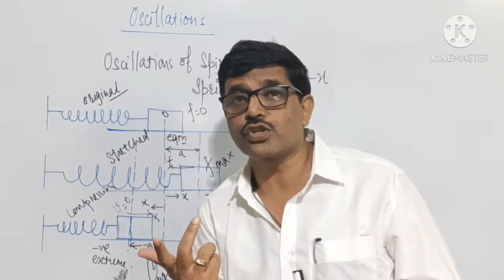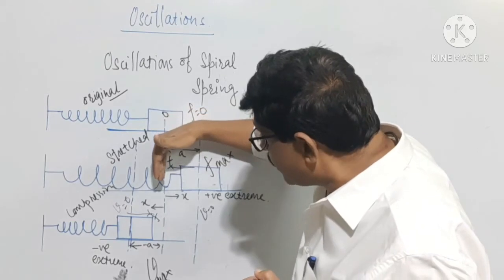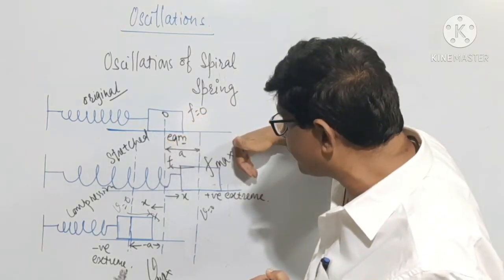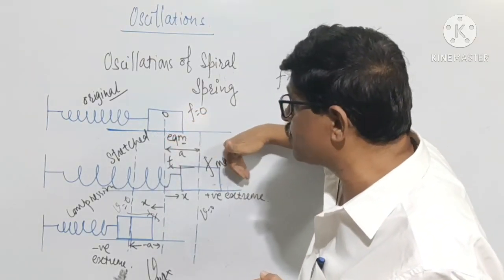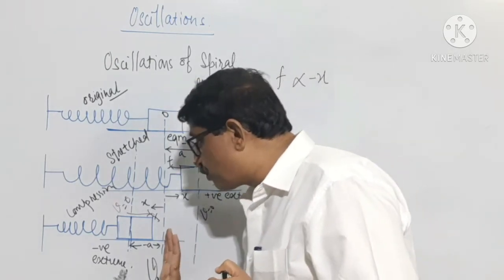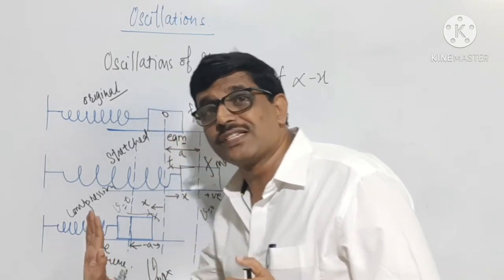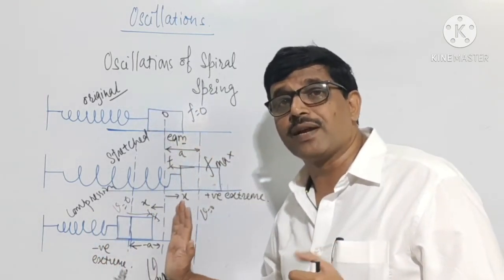How is the force? When the block is moving towards the positive extreme, the force is towards the equilibrium, towards the left. When the block is moving towards the negative extreme, the force is towards the right, towards the equilibrium.